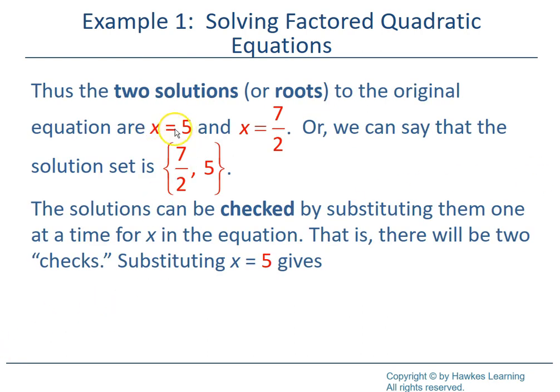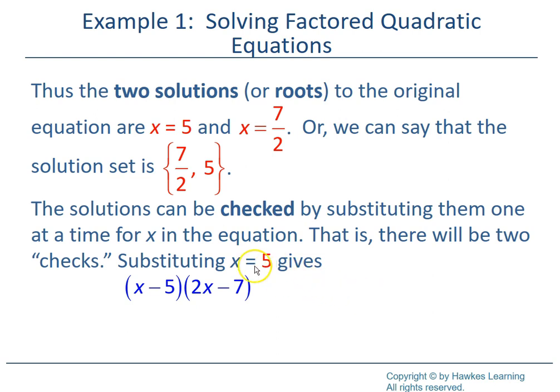Now, when we give our solution set to it, often we write it in roster notation, braces, and they'll usually give you that as part of the answer. You just have to put in your two roots, as they're called, or solutions, separated by a comma.